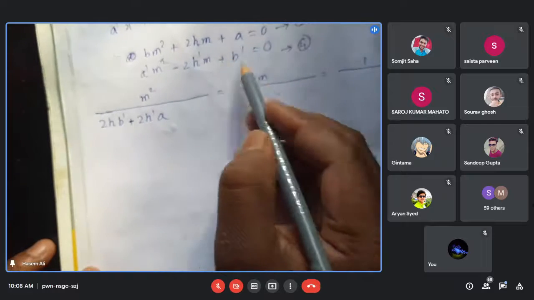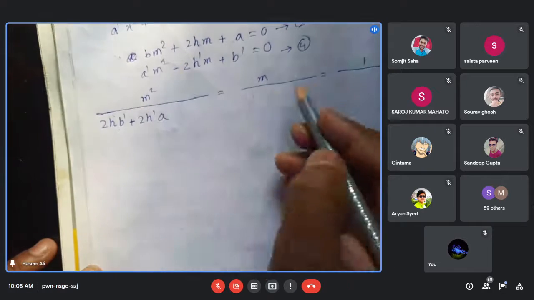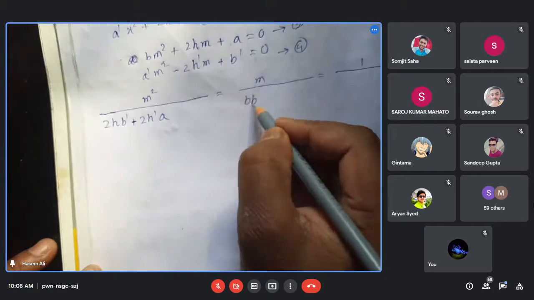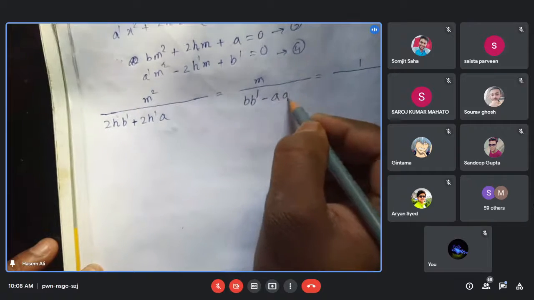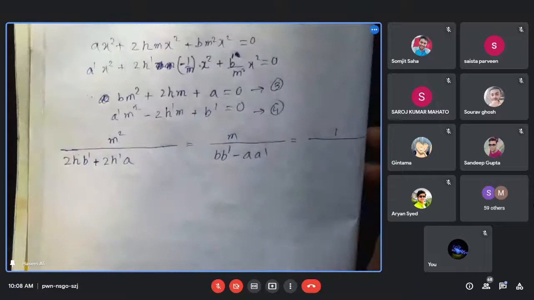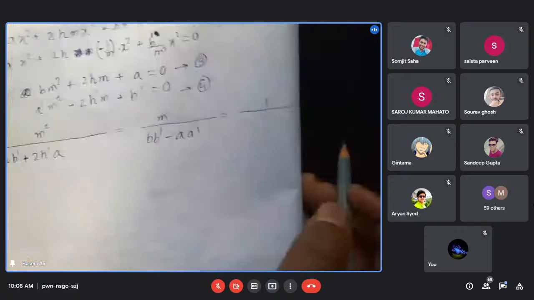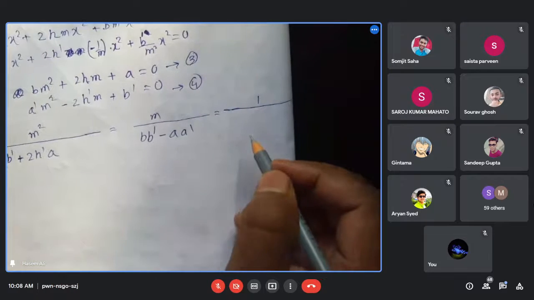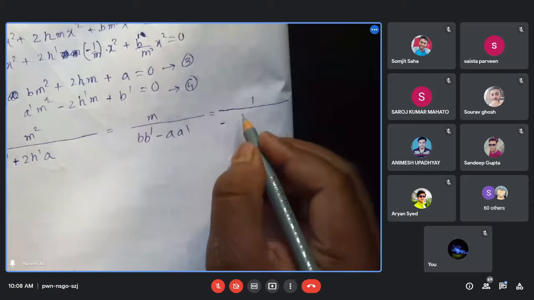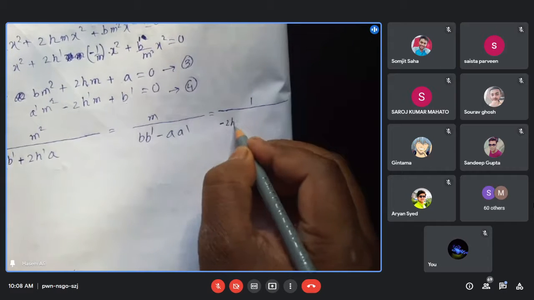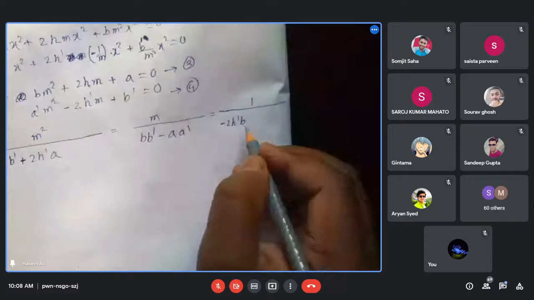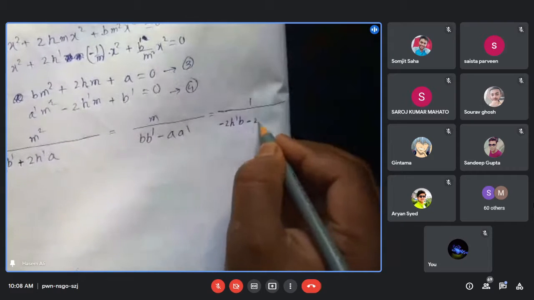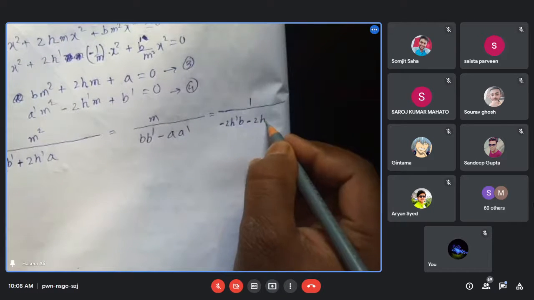Now m by this will be b dash minus a dash, and there this will be minus 2h dash b minus 2h a dash.